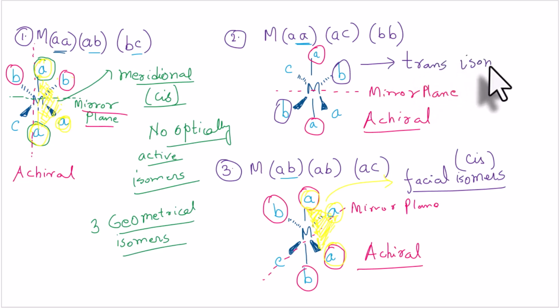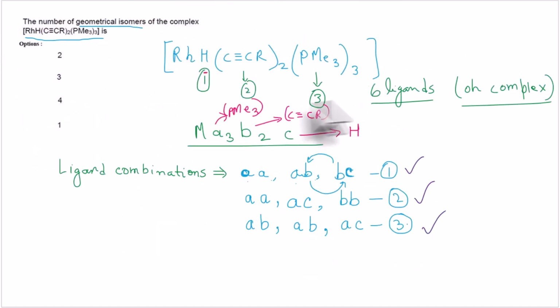So cis-trans isomerism exists for geometrical isomerism, and we can identify the cis-meridional and cis-facial isomers and the trans isomer in these 3 geometrical isomers of the complex of the type PMe3B2C. In total, we have 3 geometrical isomers, so 3 will be the correct answer for this question.